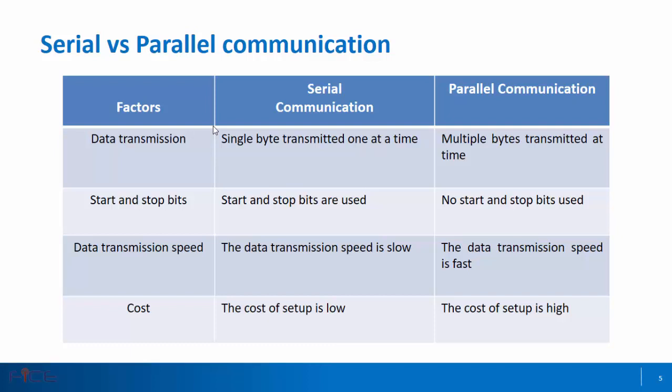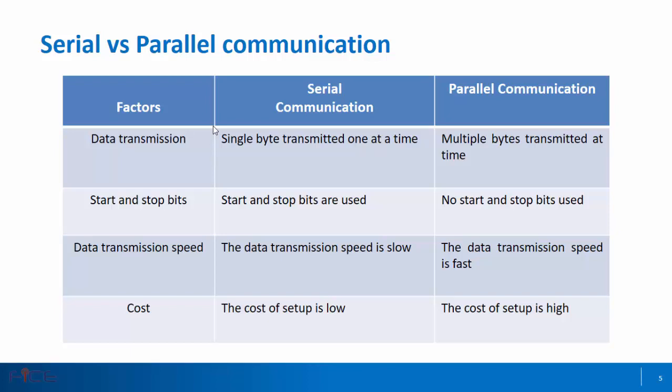Whereas in serial communication, data rate is low as compared to parallel, but the form factor is small, resulting in less complexity and low cost. Because of low cost and less complexity, serial communication is widely used and is suitable for long distance communication.